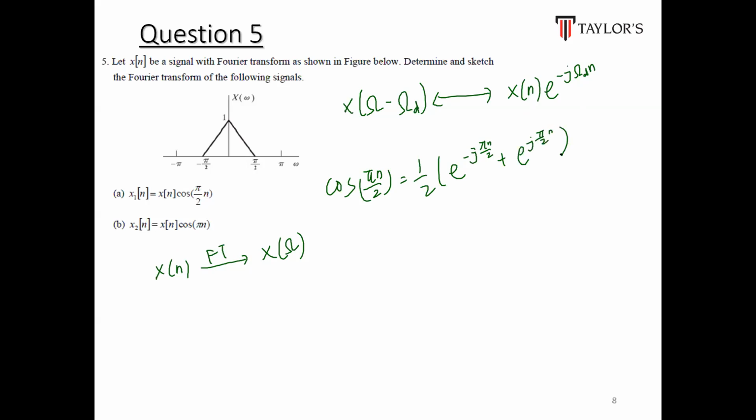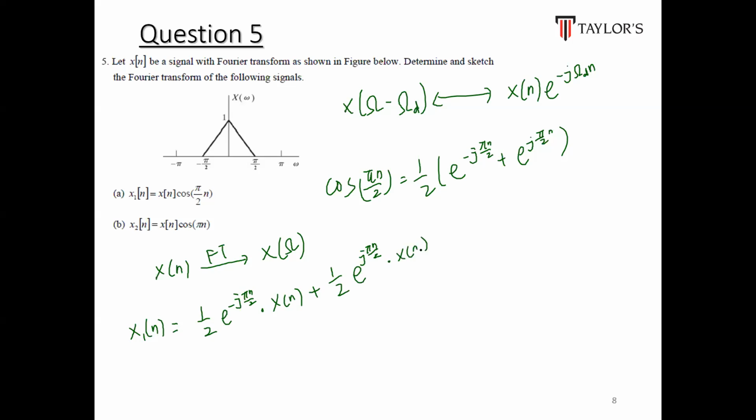Correct? Now I can write this down already. x1[n] equals half of e to the negative j pi n over 2 multiplied by x[n] plus half of e to the j pi n over 2 multiplied by x[n].